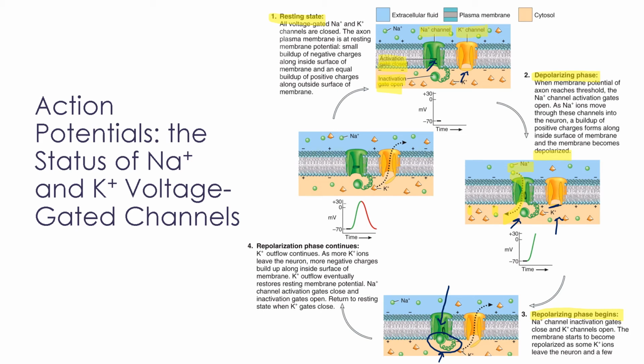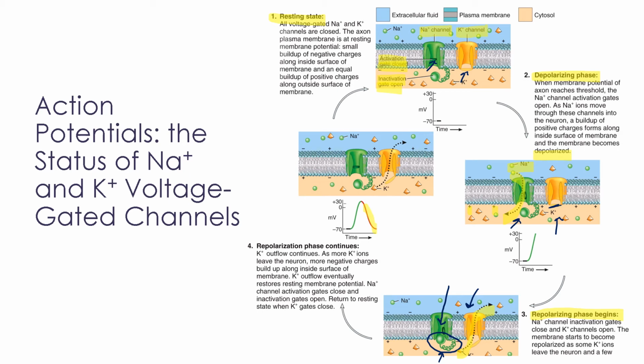Now at the same time, the voltage-gated potassium channels are finally opened, as we can see here. And some potassium is going to leave the cell, and a few negative ions will build up on the interior of the cell. So we're bringing that potential back down from that super high positive.